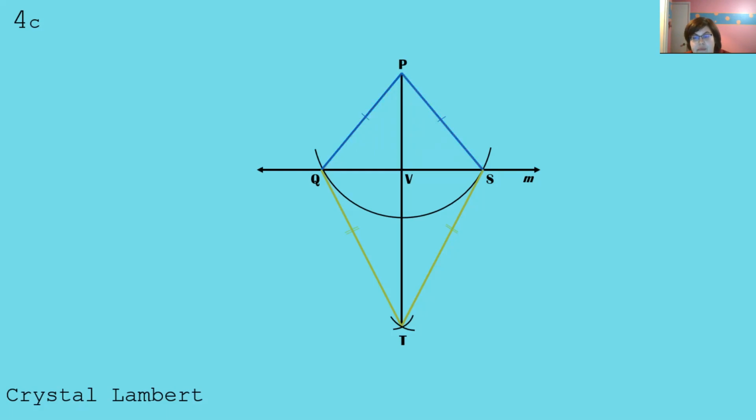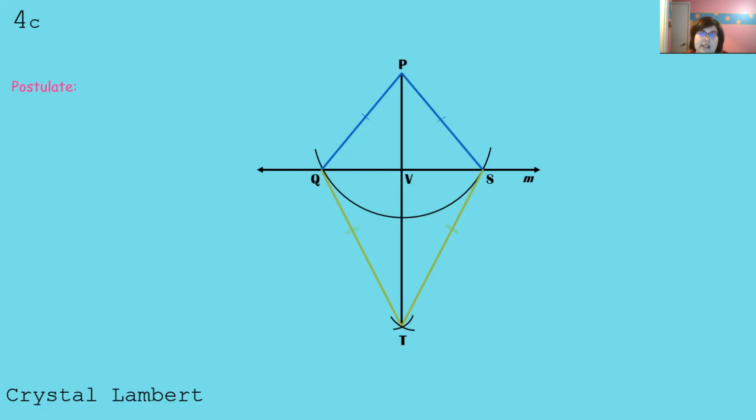Well, once again, we have congruent segments, right? QP congruent to segment SP, and we have the shared line PV, and we just figured out that the angle QPV and the angle SPV are congruent.